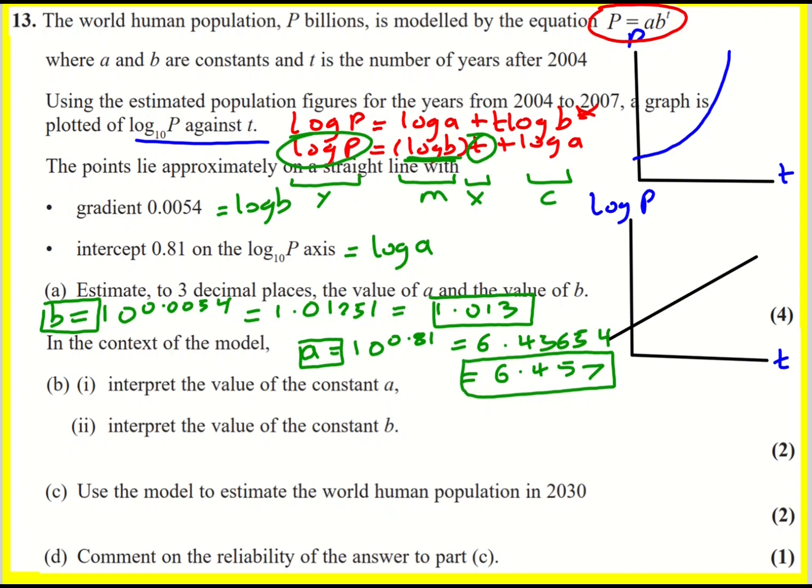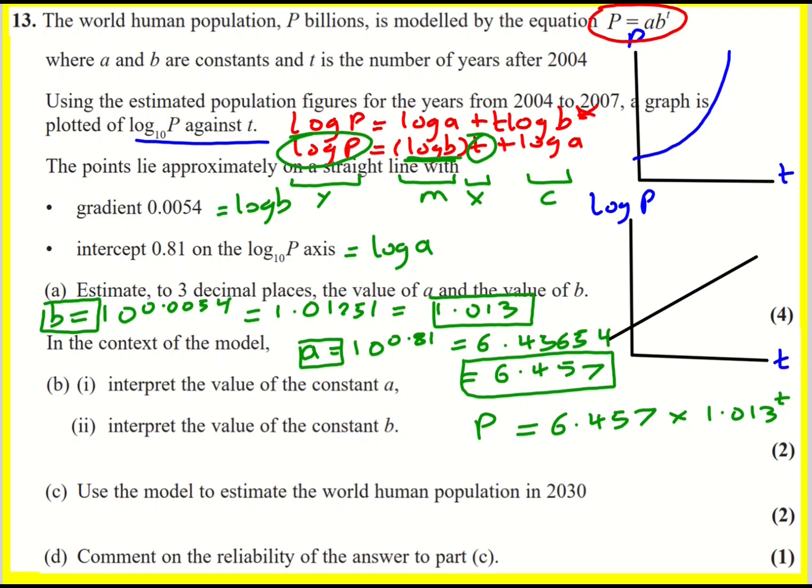And hence our model prediction is actually going to be P equals 6.457 multiplied by 1.013 to the power of t. Okay, that's not what we're asked for, but I think it's quite good to write that down.